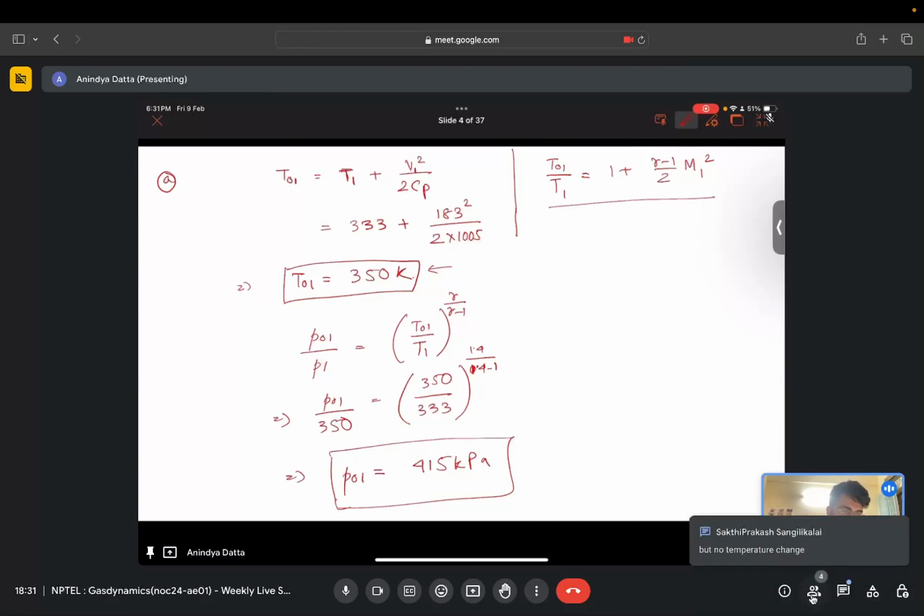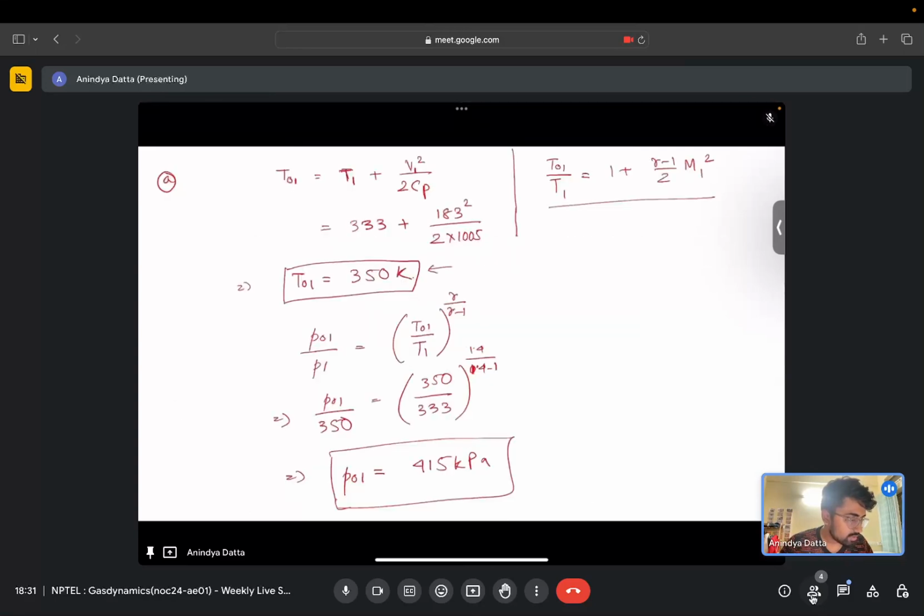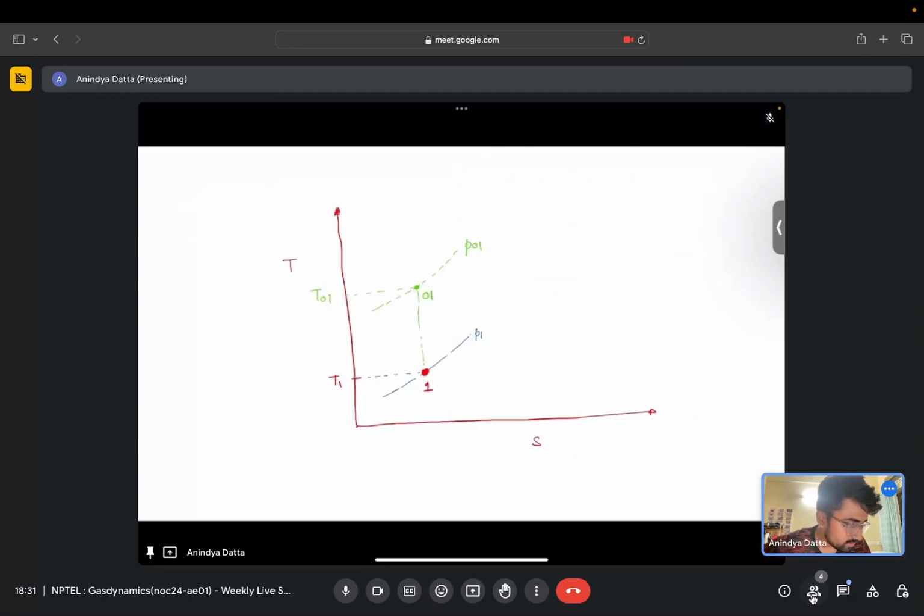There is no stagnation temperature change, but there is static temperature change. T1 is 333 Kelvin, and T2, which we calculated, is 262 Kelvin.